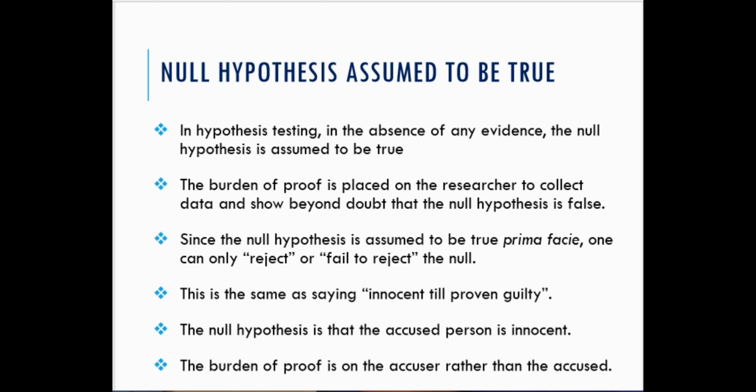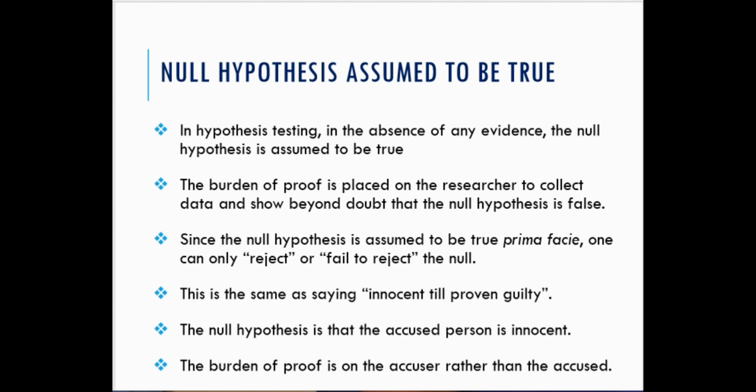Typically, in hypothesis testing, the null hypothesis is assumed to be true. In the absence of any evidence, the null hypothesis is assumed to be true. So basically, the burden of proof is on the alternate hypothesis. In the absence of any evidence, we go with the null hypothesis.